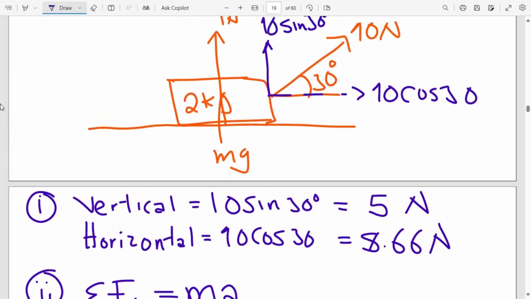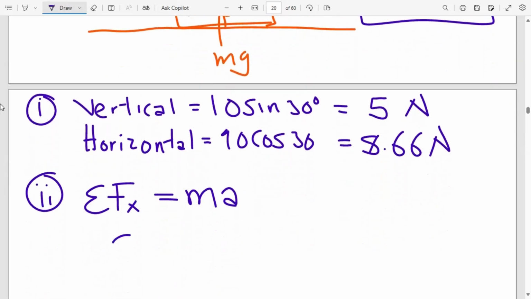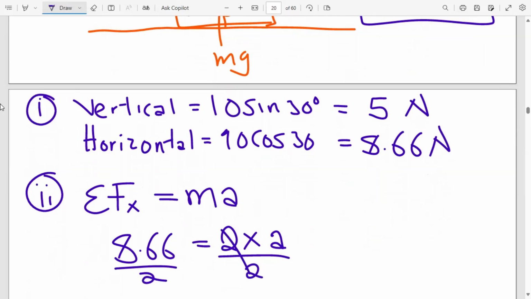We have the force which is producing the actual acceleration, which is 10 cos theta, which is 8.66 newtons, and it will be equal to mass multiplied by acceleration. What is the mass of this particular box? It's 2 kilograms. So this is 2 multiplied by acceleration. Divided by 2, that means the acceleration of the box is equal to 8.66 divided by 2, which is 4.33.